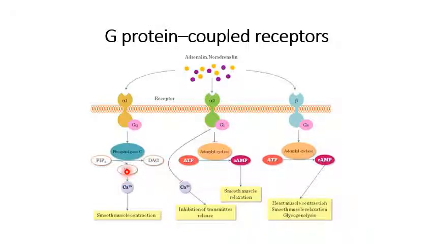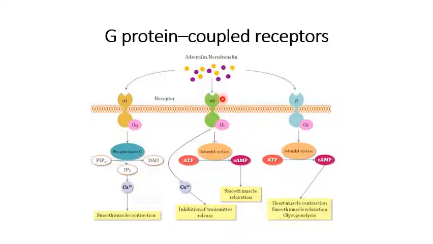Inositol triphosphate will increase the release of calcium from the intracellular reticulum, and therefore cause smooth muscle contraction.